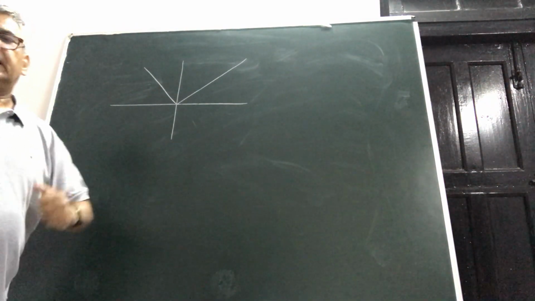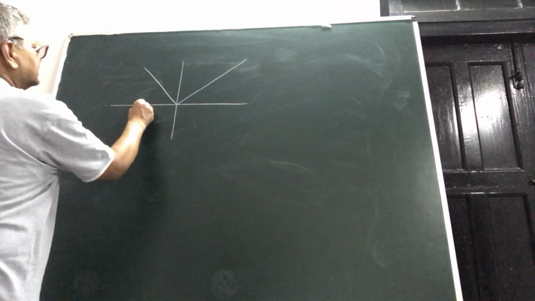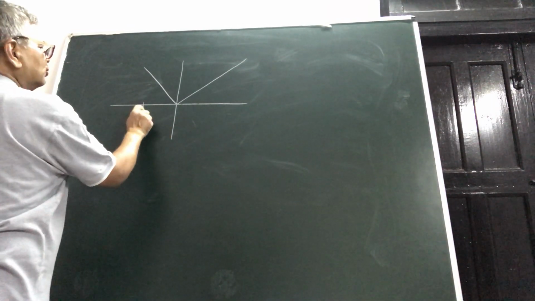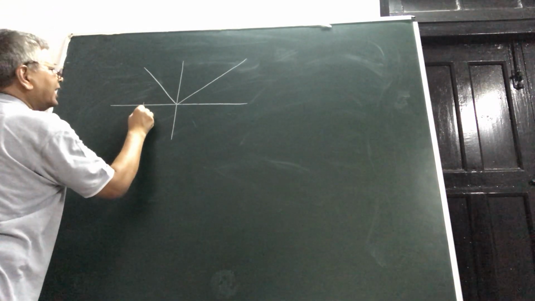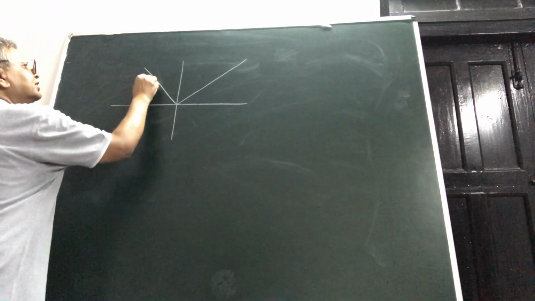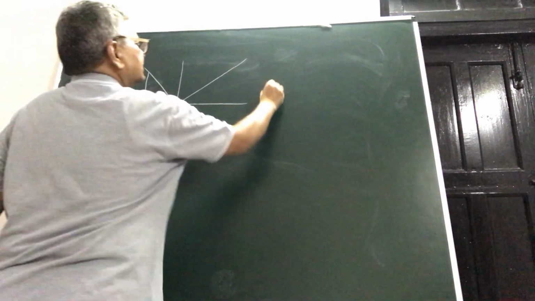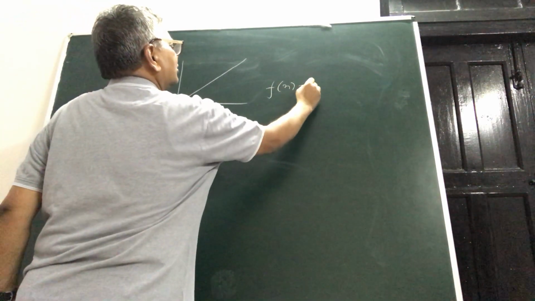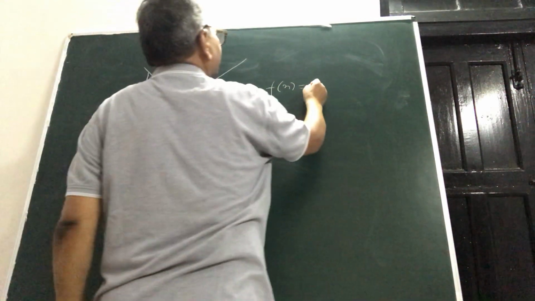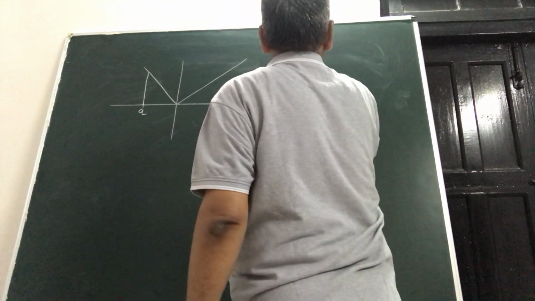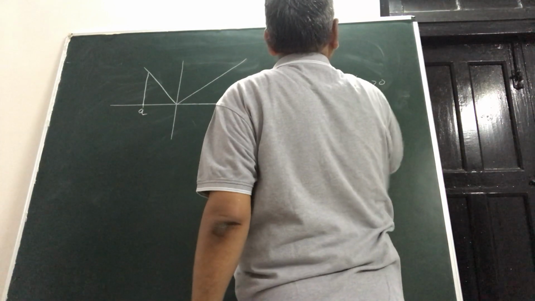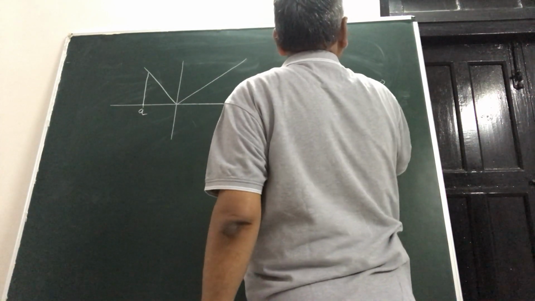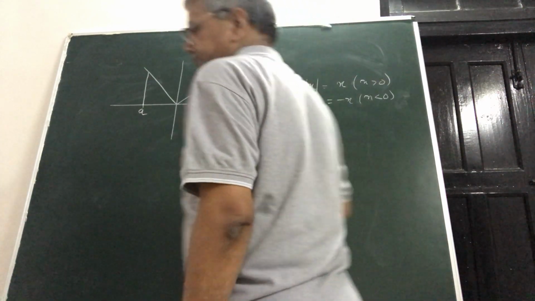So here, once again, I will take it up. Suppose you take any point A where you have to find the limit. The functional value here, for the modulus function, f(x) is equal to mod of x, which is equal to x if x is greater than 0, and equal to minus x if x is less than 0.